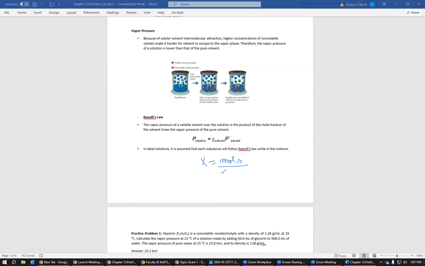So you should expect your mole fraction to be below 1. That's why, if you have this X below 1, when you multiply this number below 1 times the pressure of the solvent, the pressure of the solution will be lower than the pressure of the solvent. Right.